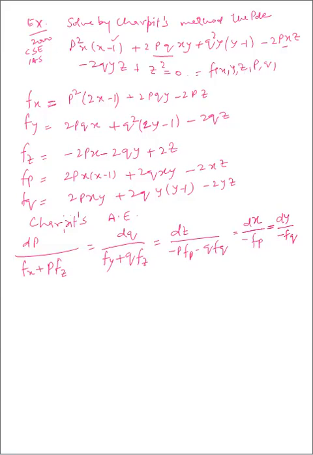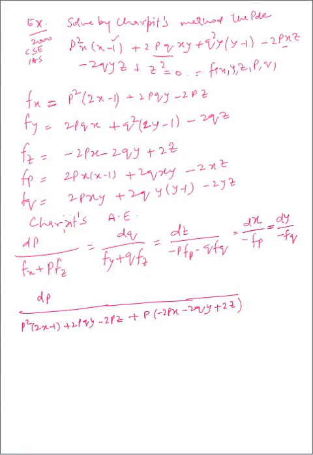So we put the values. dp upon p square (2x minus 1) plus 2pqy minus 2pz plus p fz, p fz meaning minus 2p square x minus 2pqy plus 2pz.